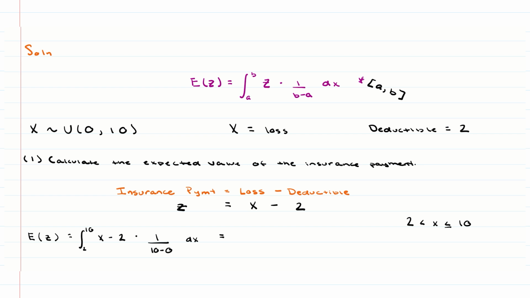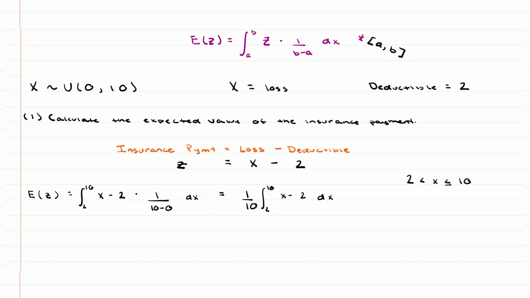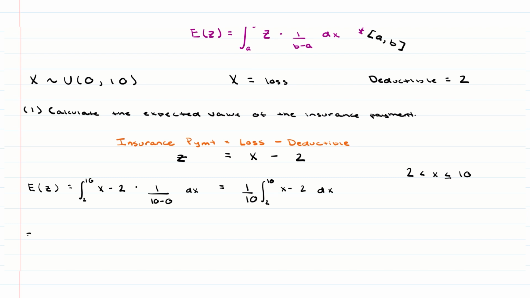The first thing that I'll do is move our constant to the outside of the integral. And at this point, I'll go ahead and integrate. We have 1 over 10 times x squared over 2 minus 2x, and that's from 2 to 10.